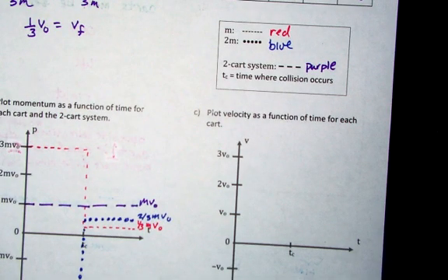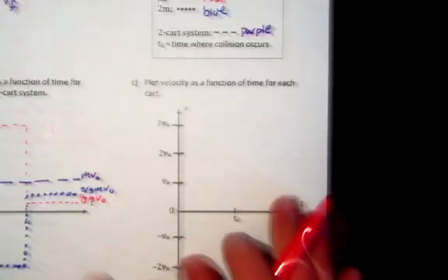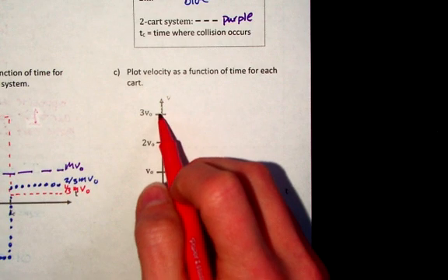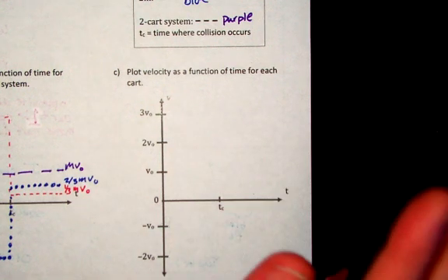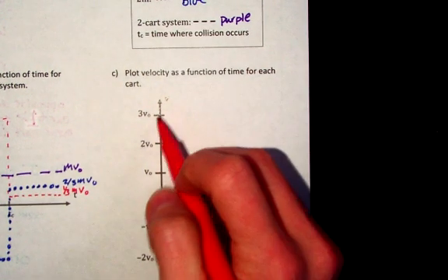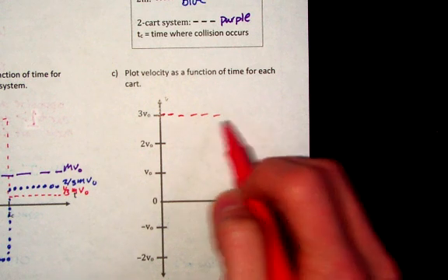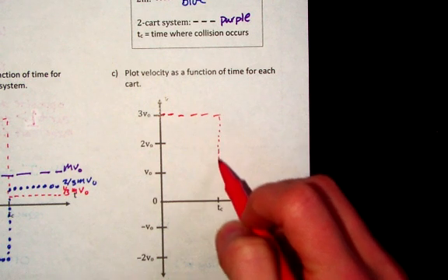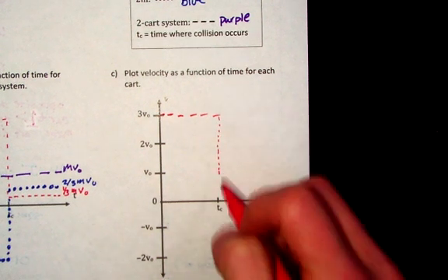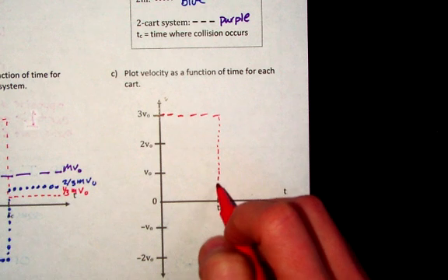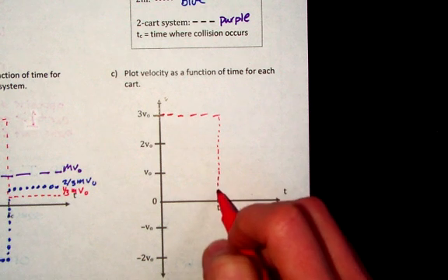So for the velocities, our red cart starts at what velocity? So we have 3v naught, and then it changes to 1/3 v naught.